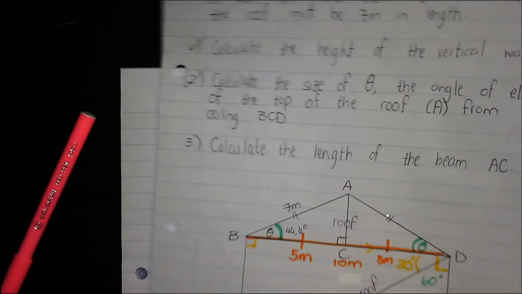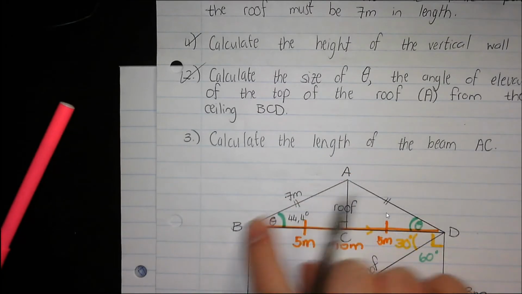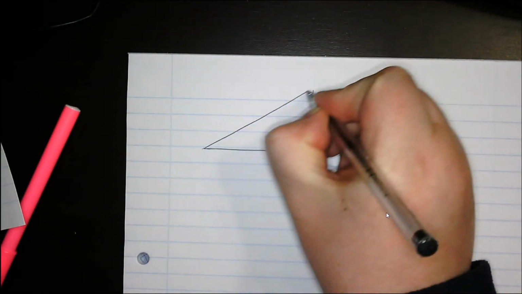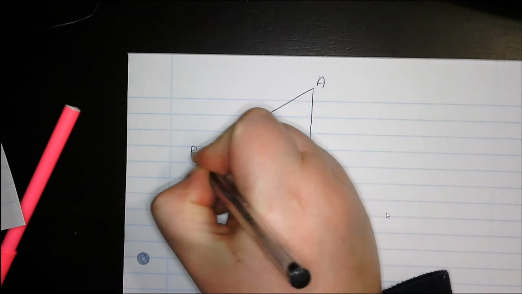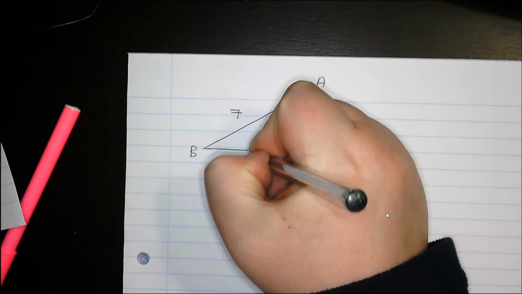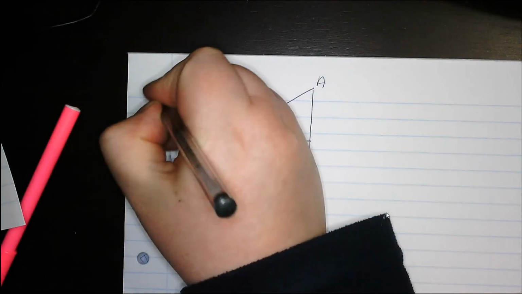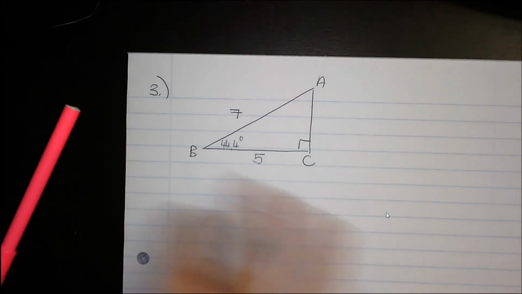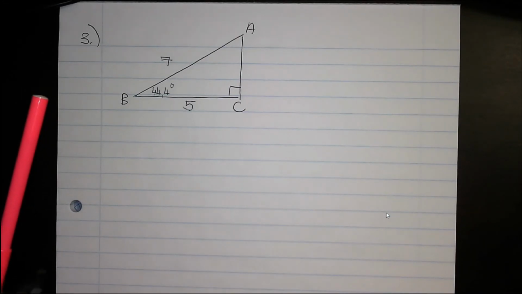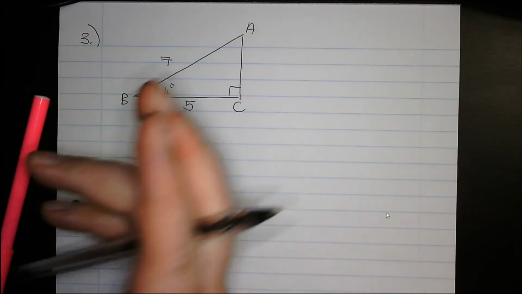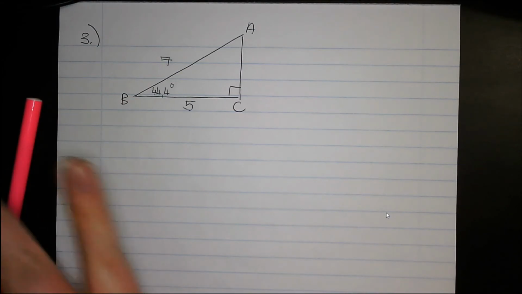So I'm going to be working in this triangle again over here. I'm just redrawing it a bit bigger because in the previous question I believe that I drew it too small. This was 7, that was 5, this was 44,4 degrees. Question 3. Now, I want to rely on my previous questions as little as possible. You can, of course, use the previous question and use a trig ratio for this.